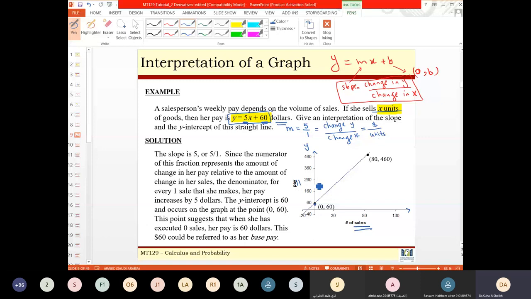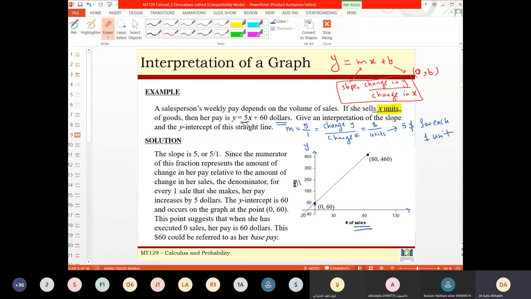The y is the dollars she will receive. So the 5 over 1 is like dollars over units. This means she's getting $5 for each one unit she's selling. Why 5? I took it from here. This is the 5, which is the slope.